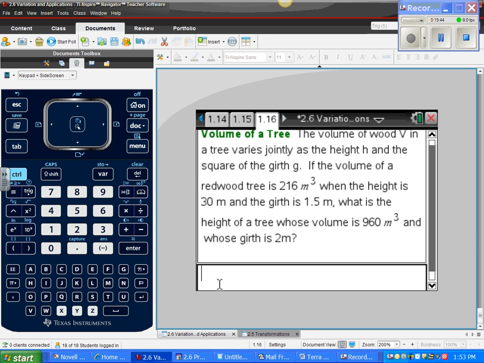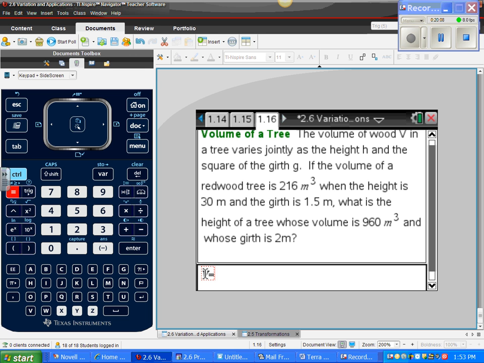Okay, so let's think about what we have here. It's saying that it varies jointly with the square. It varies jointly, which means I have to have x, y and z. We're not going to use those variables, but that's what we want. And with the square of the girth.